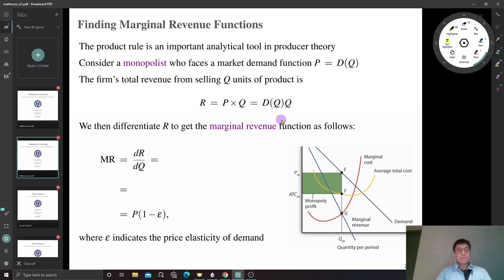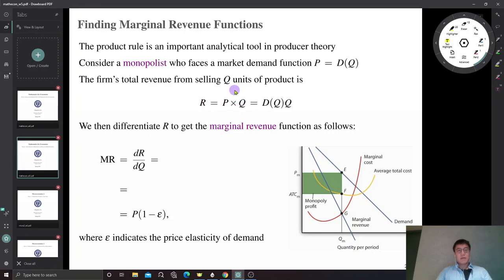All right. So such a monopolist has market power, and suppose that the monopolist faces a market demand function given by D of Q. So now price is given by some function of quantity. Okay. So given this function, we can calculate the total revenue first.